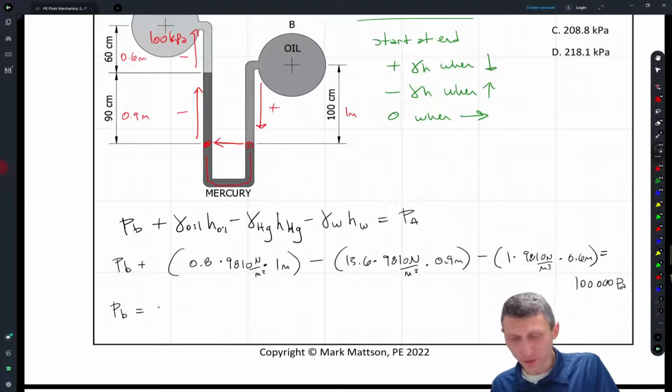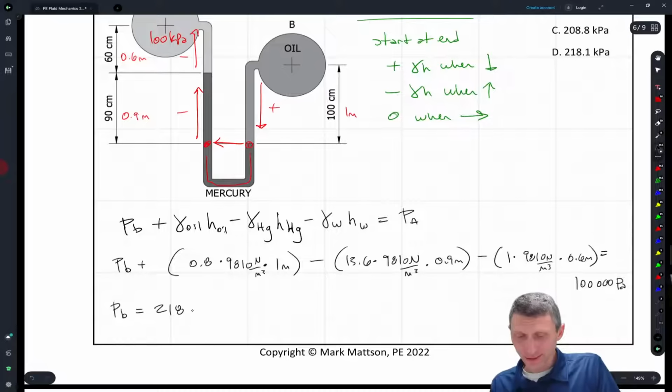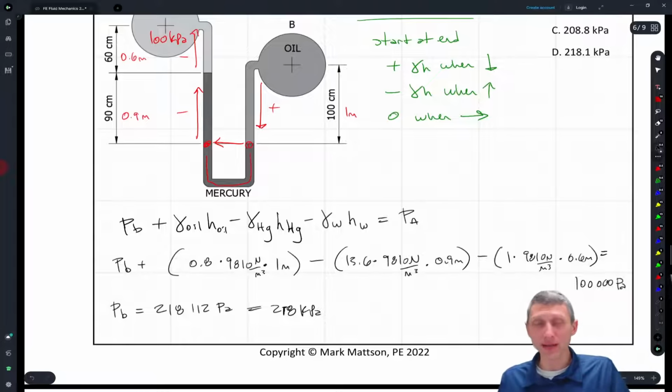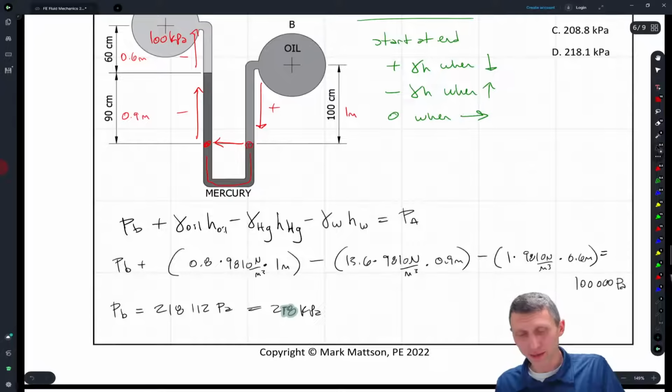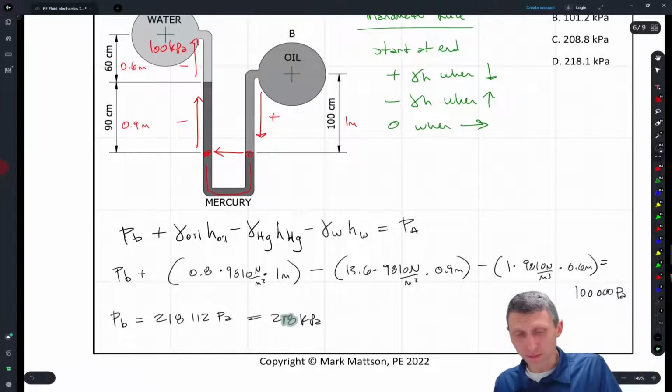So I get about 218,112 pascals, which equals 218 kilopascals, which is about 30 psi. So not crazy high pressures. That's the pressure a lot of you are probably going to put in your tires. So nothing too crazy there.